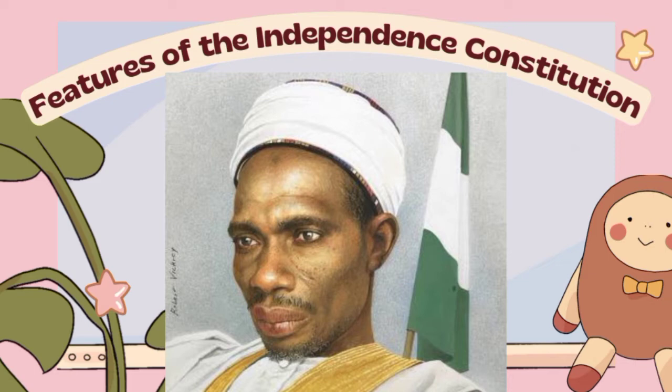But let's look at the features of the Independence Constitution of 1960. What are these features that made us say that Nigeria was partially independent? Now let's take them one after the other.